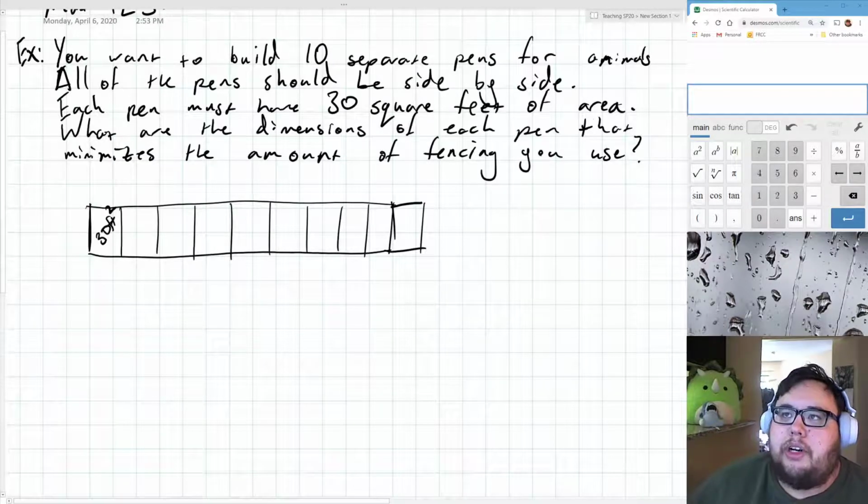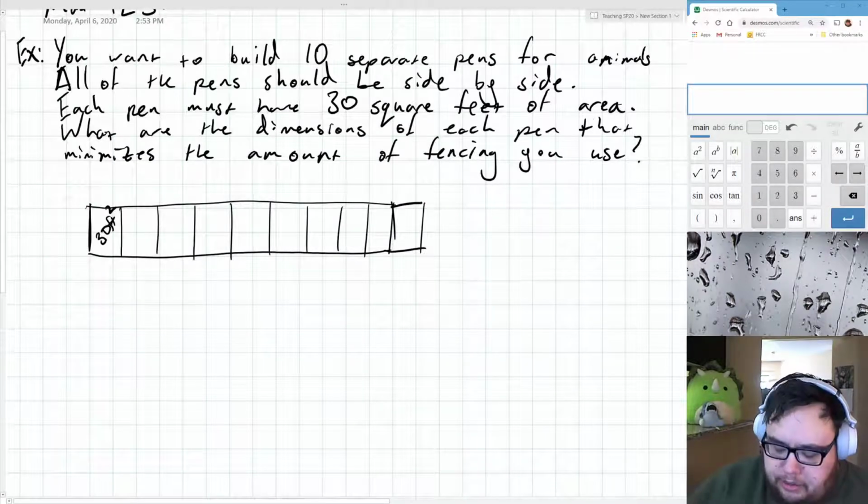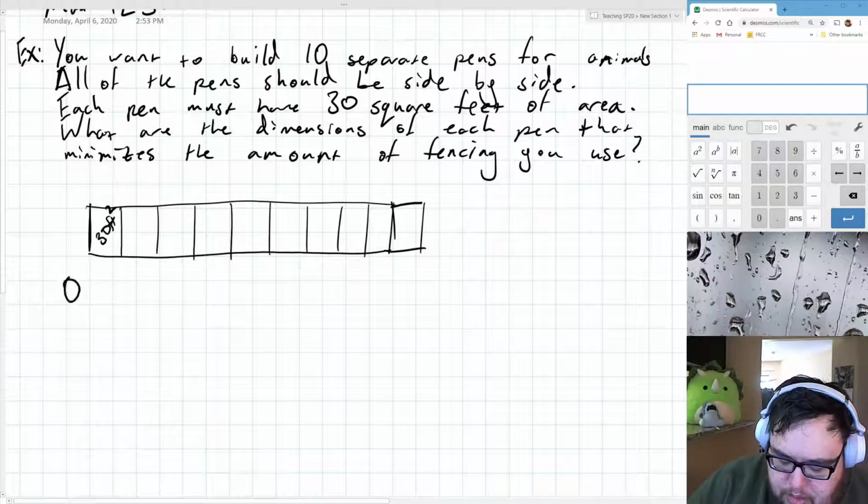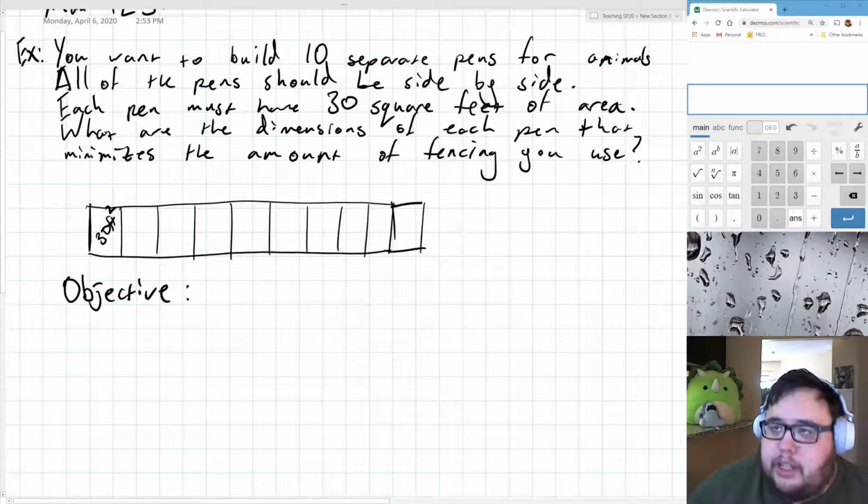So what type of function should our objective be? What are we trying to maximize or minimize?